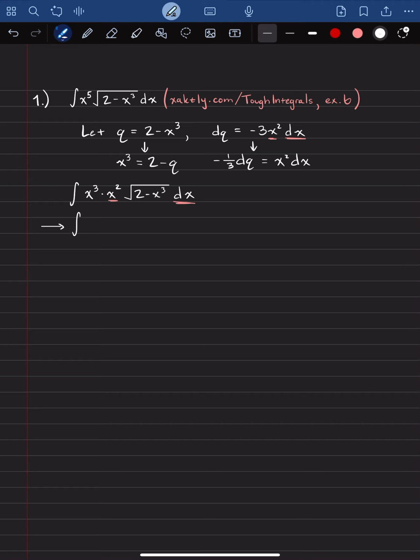We have this x cubed becomes 2 minus q. This 2 minus x cubed under the square root becomes q. And our x squared dx becomes negative 1/3 dq.